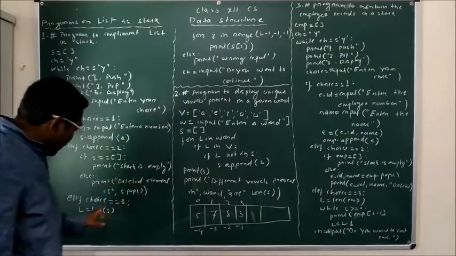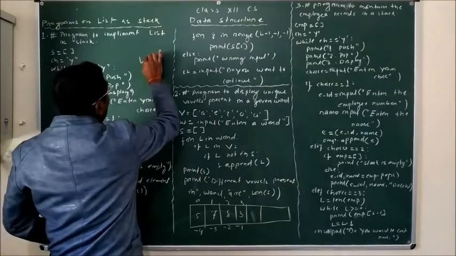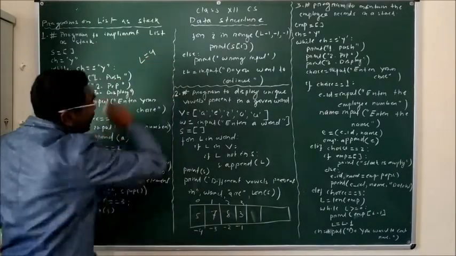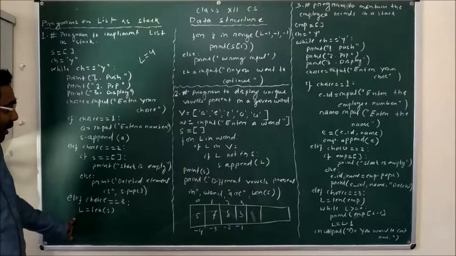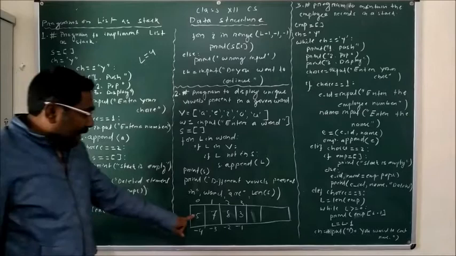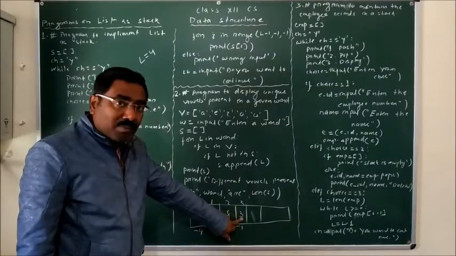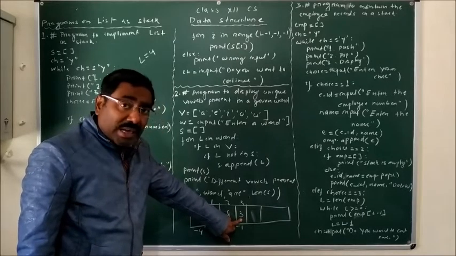Now what happens? When this statement executes, L will become 4, because 4 elements are there: 1, 2, 3, 4. So what should be the first element displayed? Either the first element from the beginning, 5, or the 3 from the end.